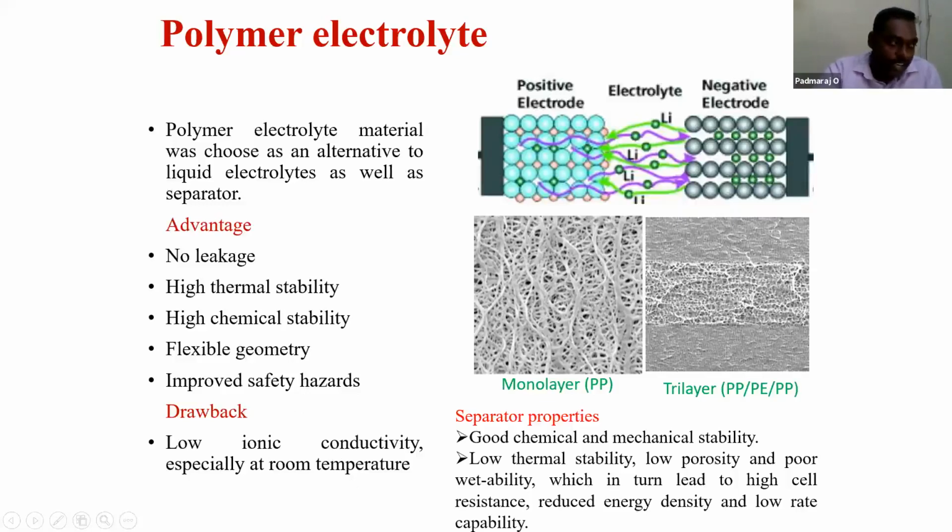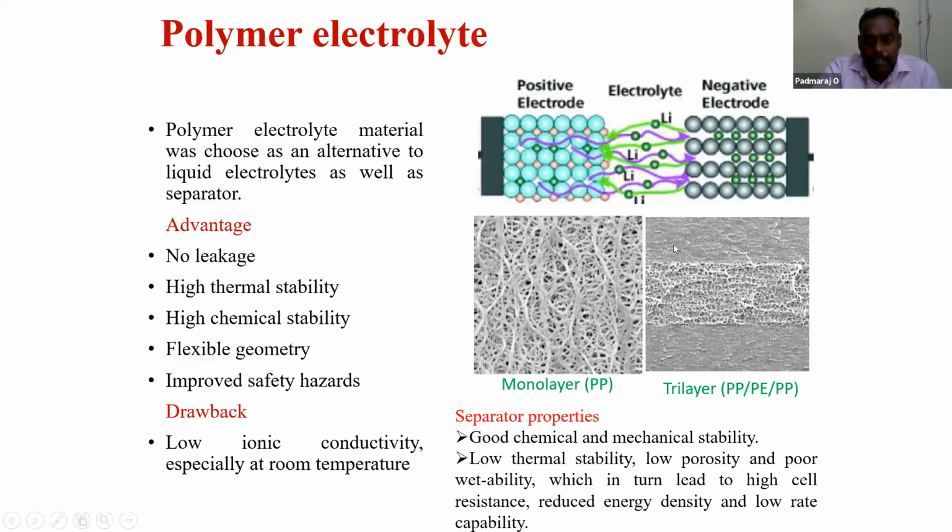Liquid has high ionic conductivity, but leakage, corrosion, lithium dendrite formation, and electrolyte decomposition will be there, as well as the limited stability, that is, the potential window of the electrolyte. There are many drawbacks, so to avoid them, researchers have been focusing on developing polymer electrolytes, even though they have the drawback of low ionic conductivity at room temperature.